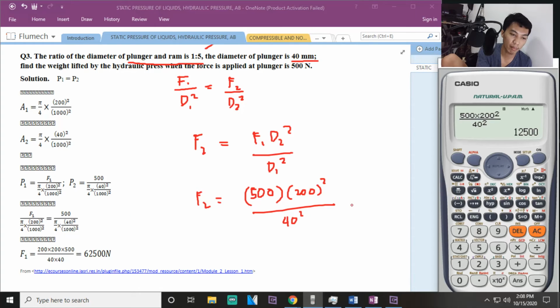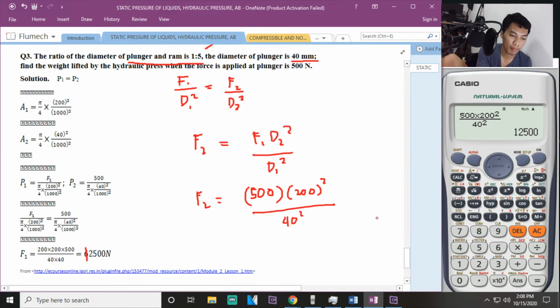Ay, mali. Ba't ganyan yung sagot niya? Mali lang ng type yan. D1 pala, baliktad ako. Diameter of the plunger, the force that the plunger applied is 500.